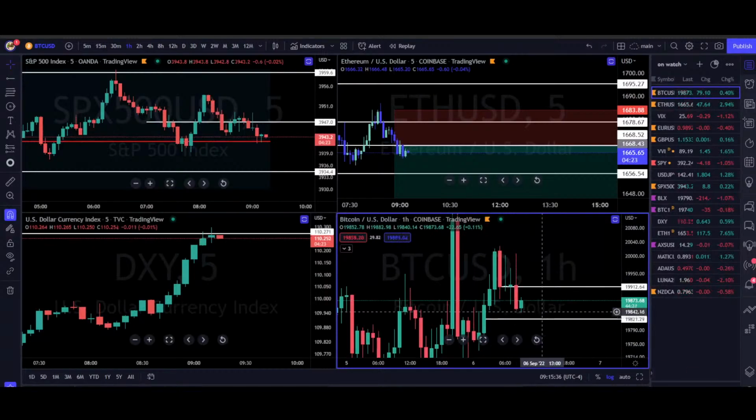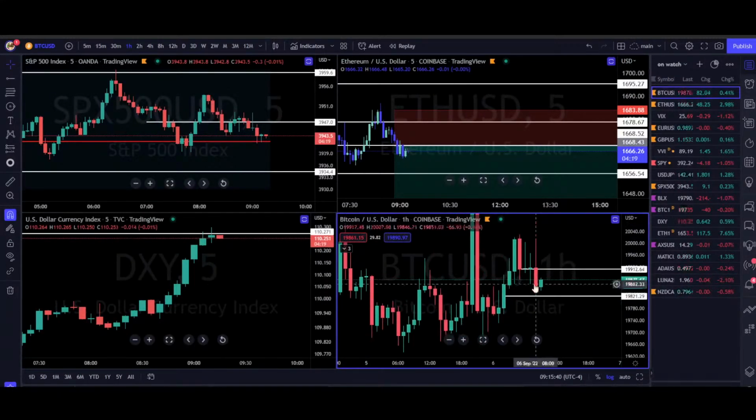Taking the long now would be front running what you assume is going to happen, but you should have done it on the close, right? That would have got your entry roughly at 19,838.50, which is currently where the entry would have been, on the close of this hour, which did what we didn't want to happen.